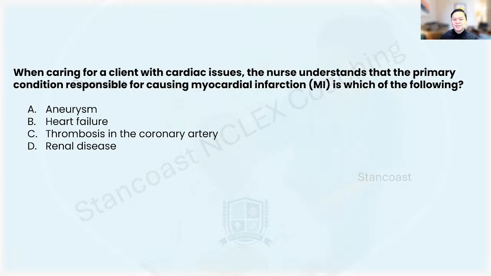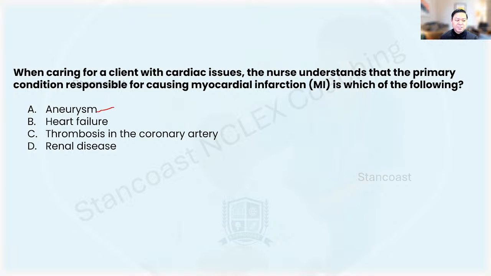All right, let's get started with the different options here. So if you're selecting letter A, aneurysm, would that be correct? Well, the aneurysm basically is going to involve an abnormal bulging or ballooning of the blood vessel wall.